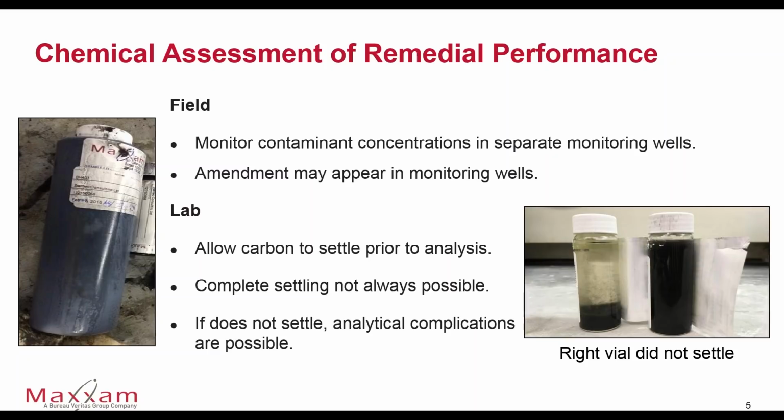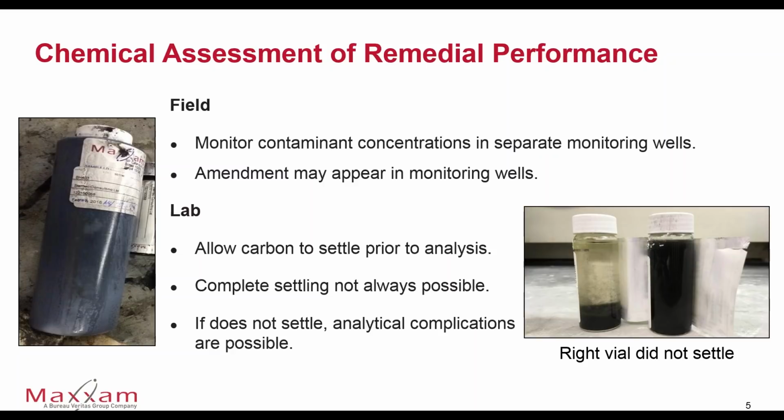In the picture on the bottom right of this slide, these are two samples that we received in the lab, both with PlumeStop in them. The one on the left settled quite quickly after we received it. We prefer to draw our sample for analysis from that top clear part and avoid getting the carbon in the sample.